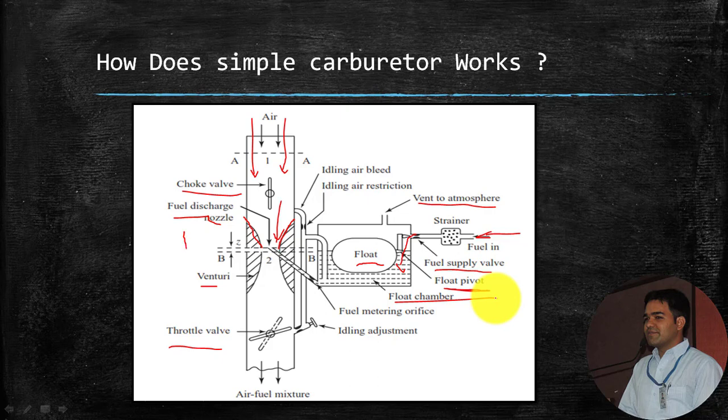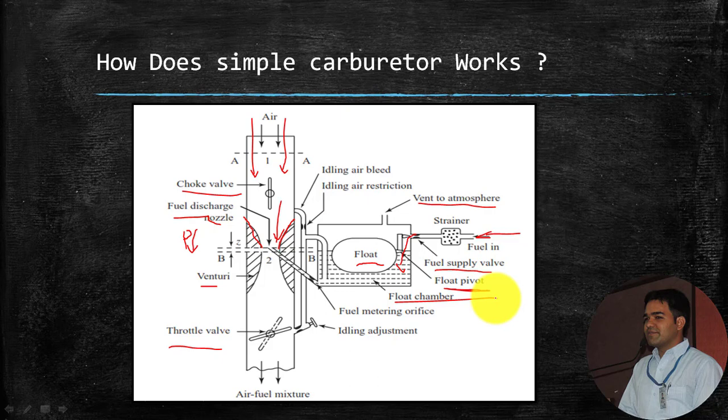Pressure starts decreasing. This float chamber is connected at the throat portion of the venturi with the help of an orifice-like opening, which is known as a fuel jet.